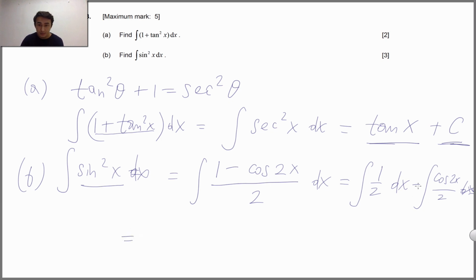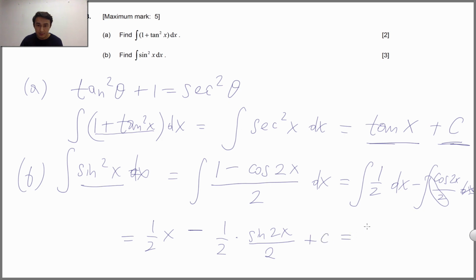Now the integral of 1 over 2 is just 1 over 2 x, and then minus the integral of cosine 2x. Obviously there is 1 over 2 here, so let's first write 1 over 2 out, and the integral of cosine 2x is equal to sine 2x, and then we need to divide by 2 as well, and plus constant.